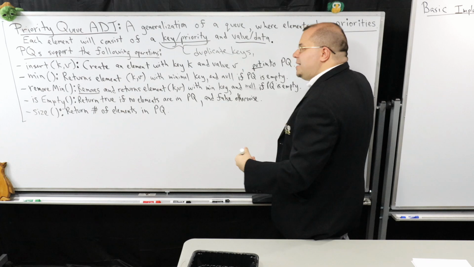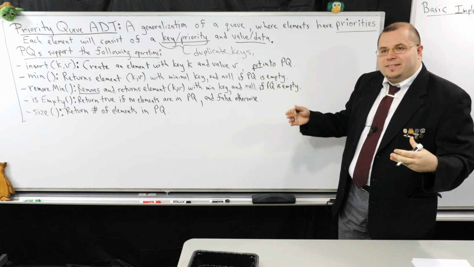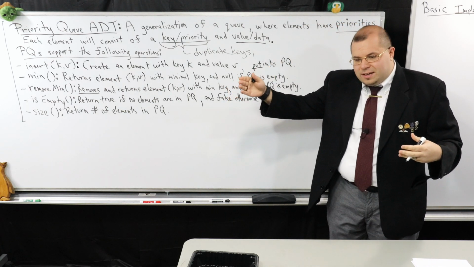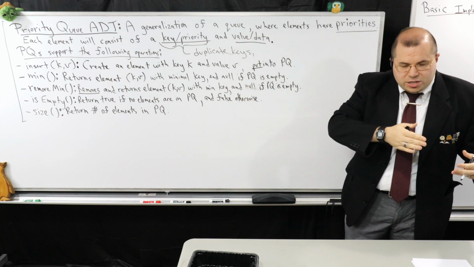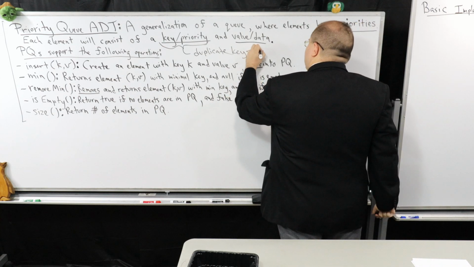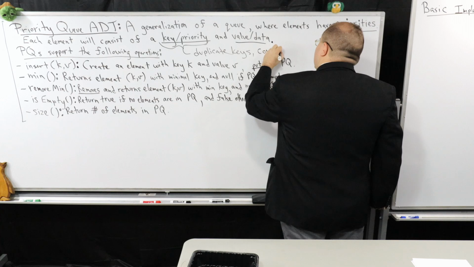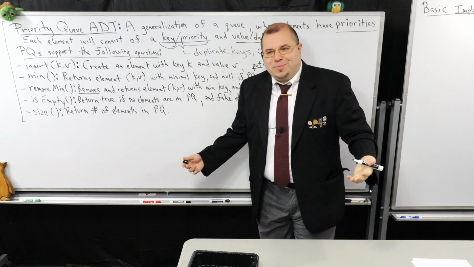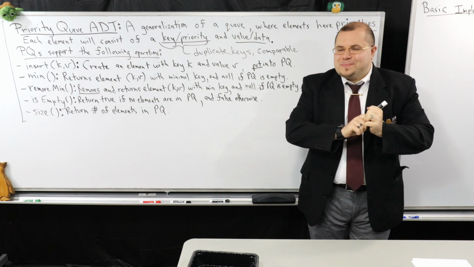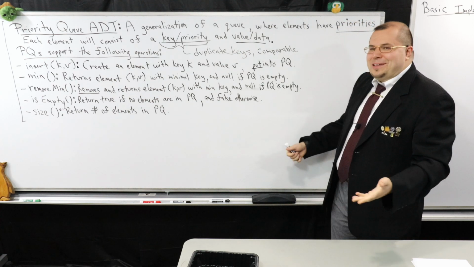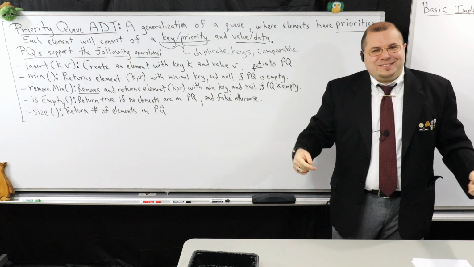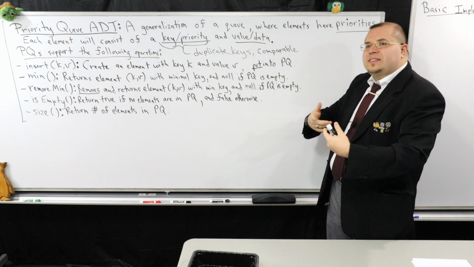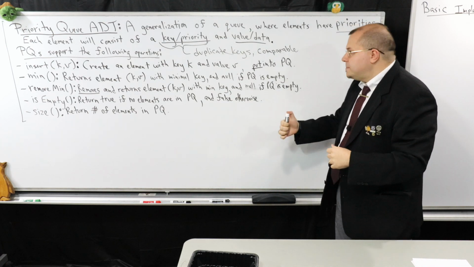And it must be that when I have these keys, I'm able to list them in order from smallest to largest, so they have to be comparable. Typically, priorities are numbers, and you can list numbers out from smallest to largest. It's okay if two have the same value. That's basically what I'm saying.